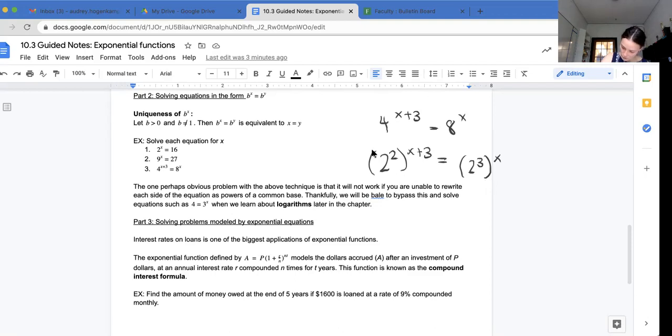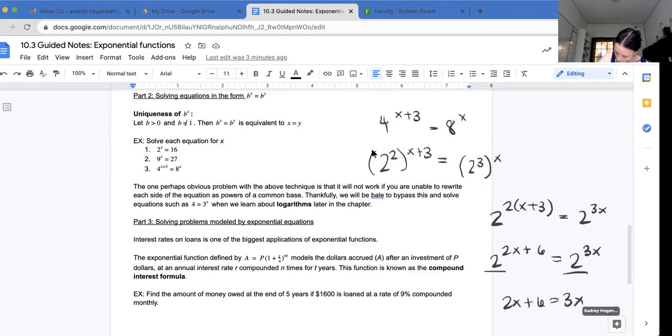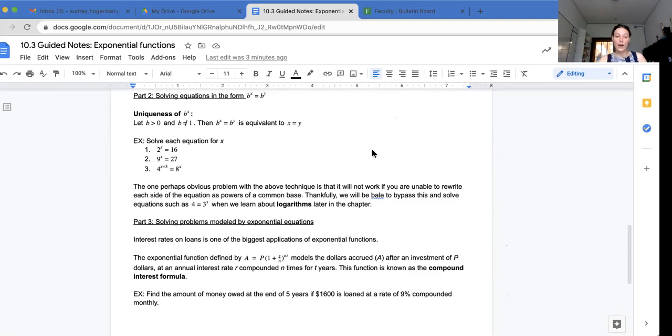So we'll have 2 to the 2 times (x plus 3) is equal to 2 to the 3x. So 2 to the 2x plus 6 equals 2 to the 3x, same base, so we can apply our uniqueness theorem and we get 2x plus 6 equals 3x. So I'm going to subtract 2x from the other side and I'm going to get 6 is equal to x. And my answer then is going to be 6. Okay, so that's exciting, woohoo. A different way of solving new types of problems, okay?